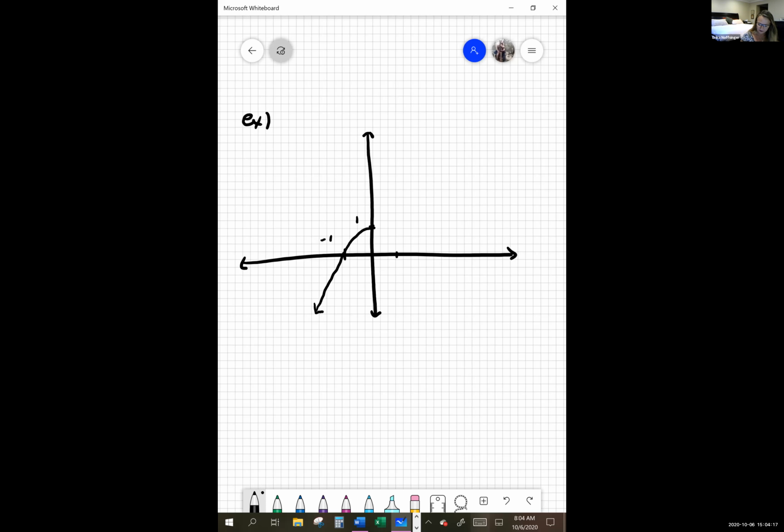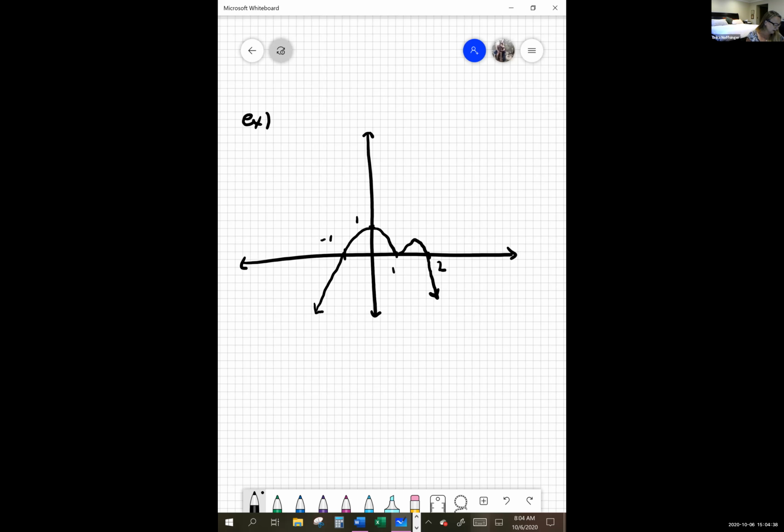Coming back down and not crossing, just touching the x-axis at 1 and turning back around. And then at 2, it crosses. Okay, so find a polynomial function that might be the given graph.